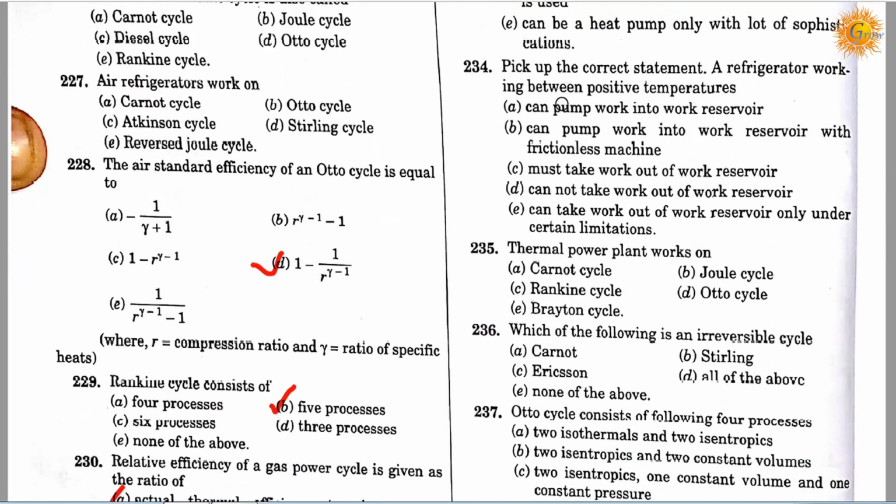A refrigerator working between positive temperatures: option A, can pump work into the work reservoir; option B, can pump work into the work reservoir with a frictionless machine; option C, must take work out of the work reservoir; option D, cannot take work out of the work reservoir; option E, can take work out of the work reservoir only under certain limitations. Correct answer is C, must take work out of the work reservoir.